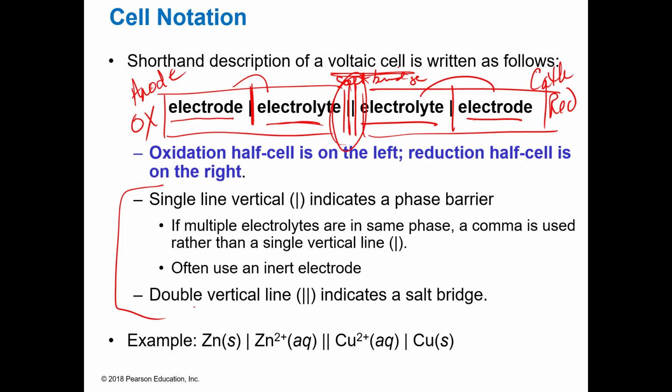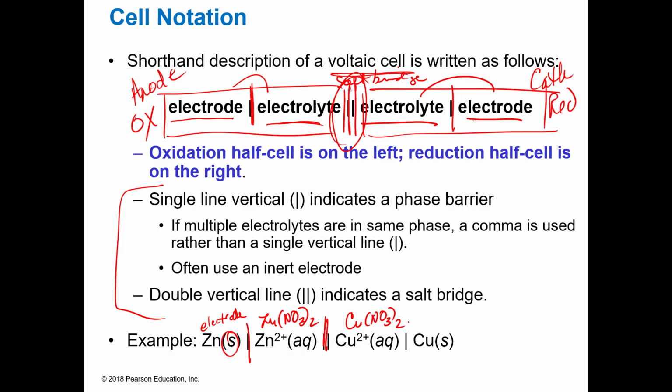All right, so for example, if you have a zinc electrode, so it's solid, it's a piece of metal, and you have a zinc solution in there, like we had zinc nitrate, I think, in there. And then you have a salt bridge, of course, because it's a voltaic cell. And then you had, say we had copper nitrate, it could be copper chloride, it doesn't matter.